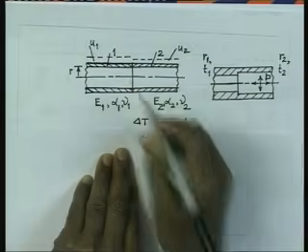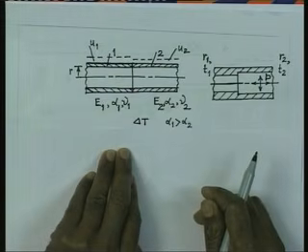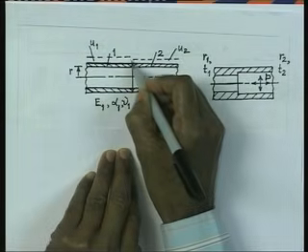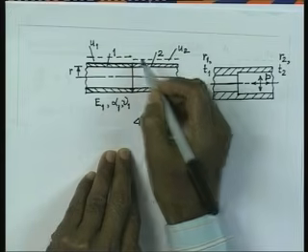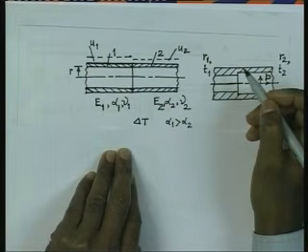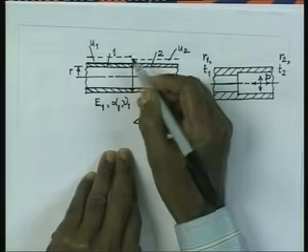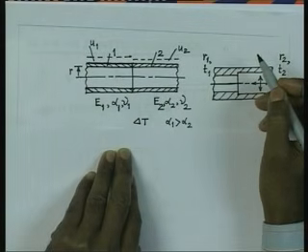Obviously, this expansion u1 is more than u2, and hence at this junction there is a mismatch in the expansion, and this will give rise to some stresses in the neighboring region. So, these are local stresses.